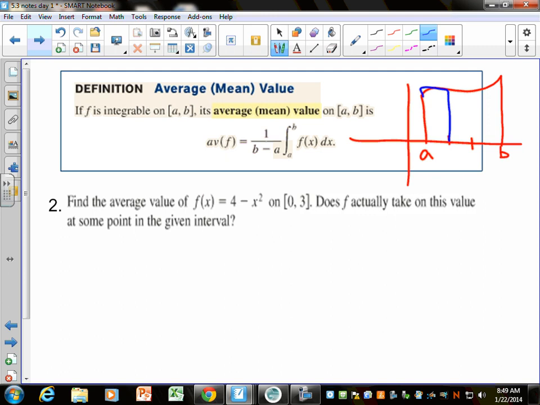And let's just pretend that I'm going to do something like this. That would be like using my right endpoints, right? The average value would be if they averaged all the heights of the rectangles. So instead of thinking about all these different heights, if we just averaged it out, that's kind of what average value is, just to tell you what we're finding here.